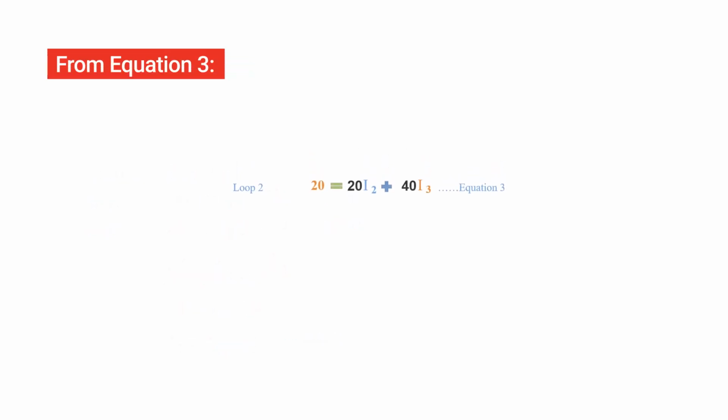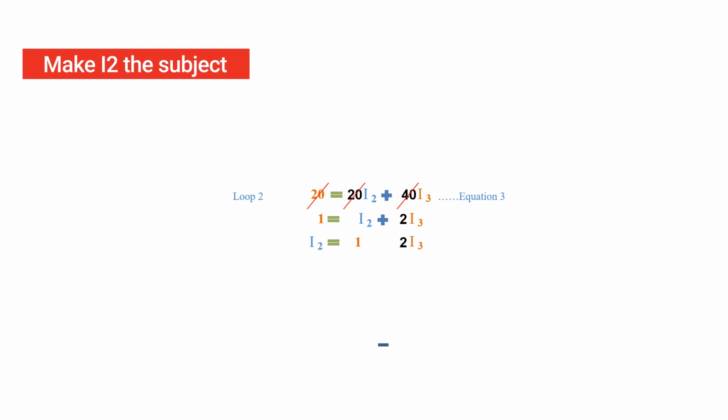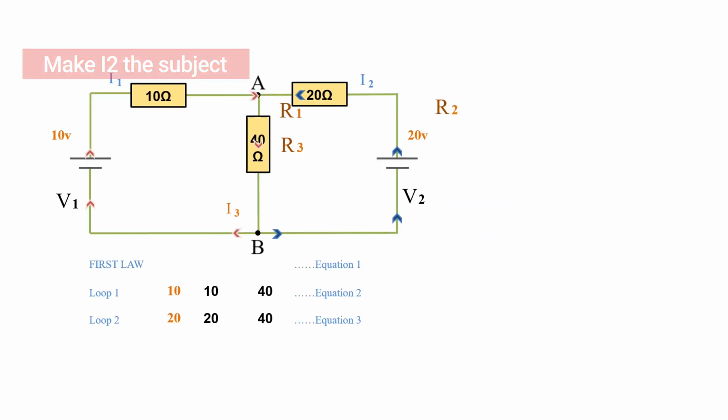From equation 3, we have 20 equals 20 I2 plus 40 I3. Here, 20 is common again. So divide all through by 20, you get 1 is I2 plus 2 I3. Make I2 the subject of the equation. We have I2 is 1 minus 2 I3. So let that be equation 5.